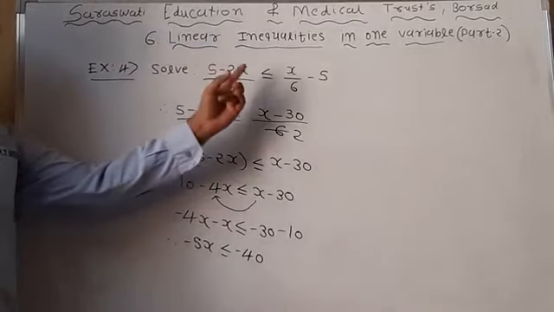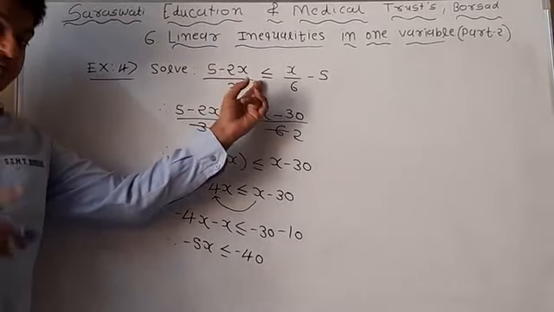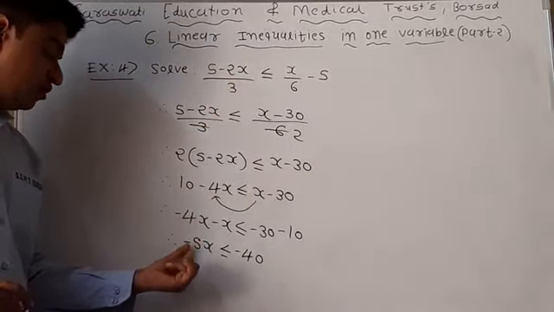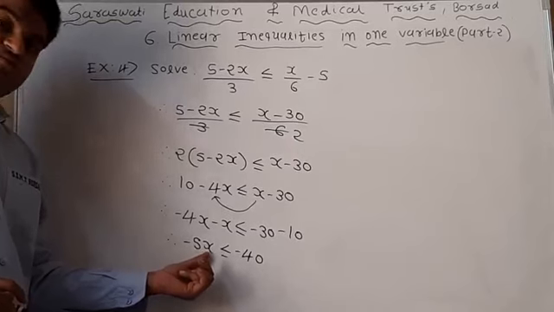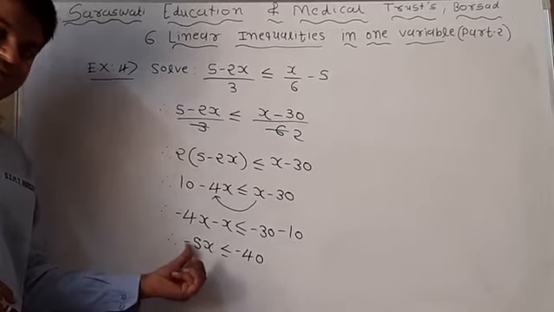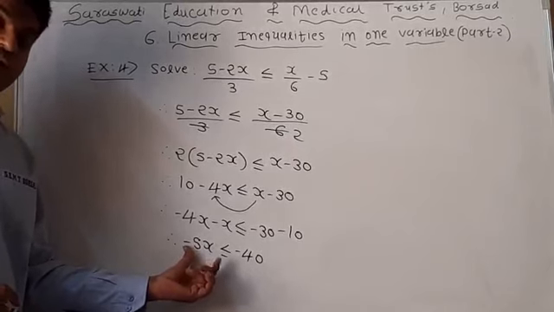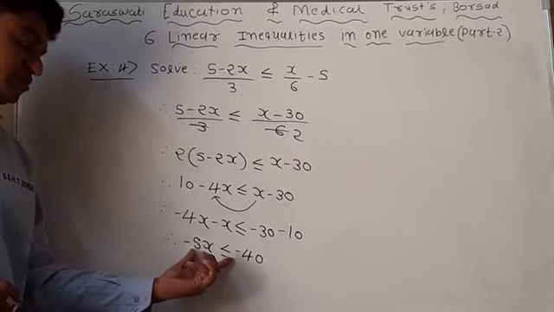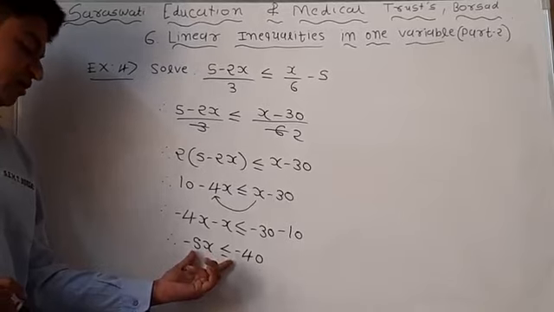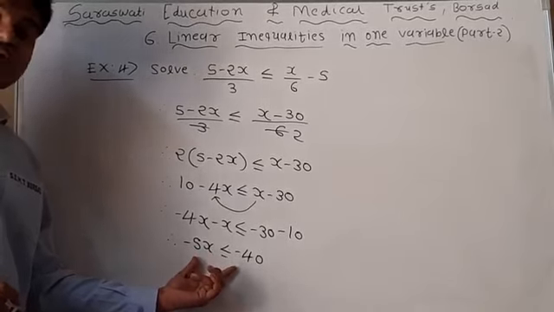Now less than or equal to form is present, remember. Here x is our variable and a minus sign is outside, so remove this minus sign. Again multiply by minus on both sides and change the inequality.